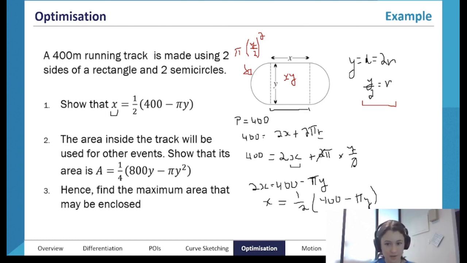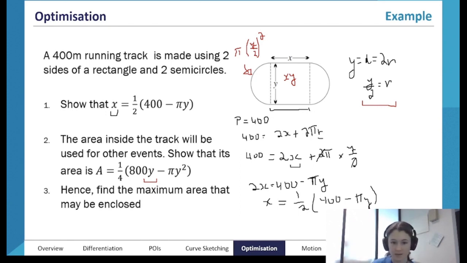The other thing that you might notice is that our x is in terms of y, so we don't actually have any x values in our area.